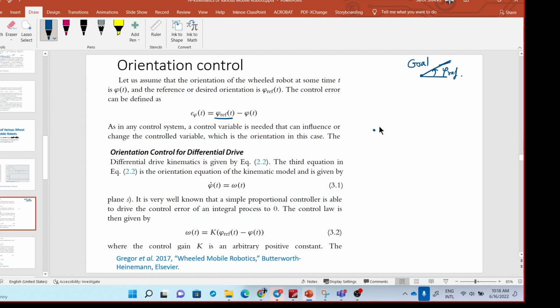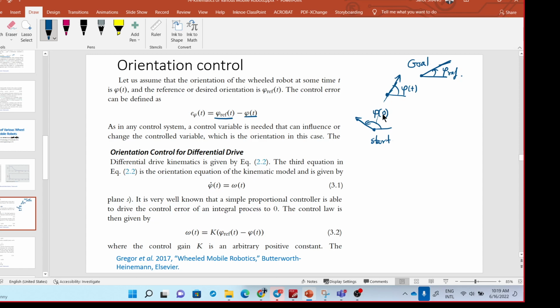At the initial position, maybe the orientation of the robot is like this, so the angle is phi at 0. And phi of t means maybe the robot has moved up to some point here, and at that point it has the orientation like this.